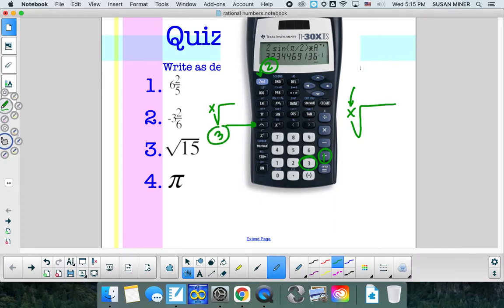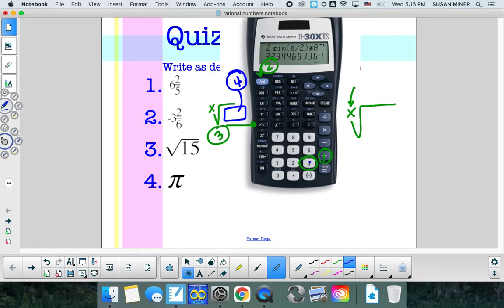That's the third button that I push. And then I want to type in whatever I'm taking the cube root of, like 216 or 125. So the fourth thing is fill in this part of my equation with my number.